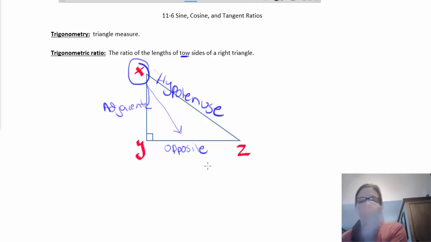Now if we were dealing with Z, and we'll do an example of this, then the hypotenuse is always the same, but opposite would be over here, adjacent would be here.